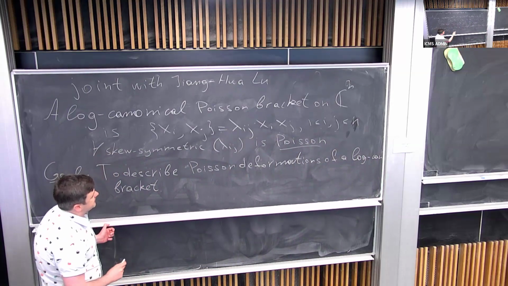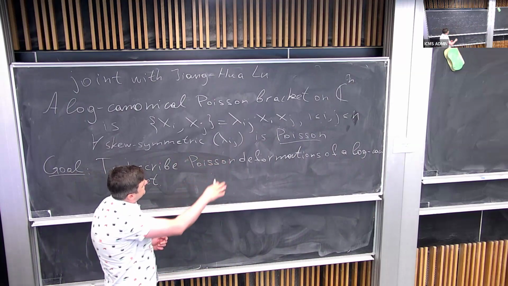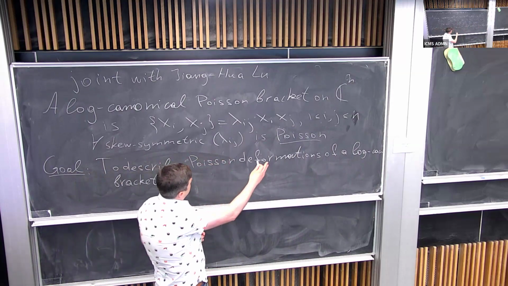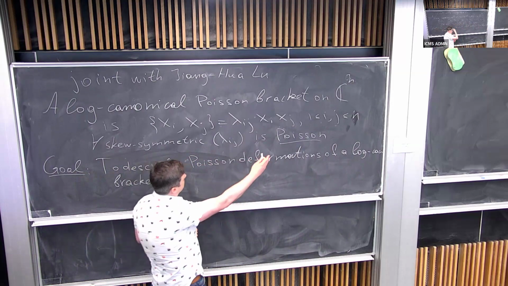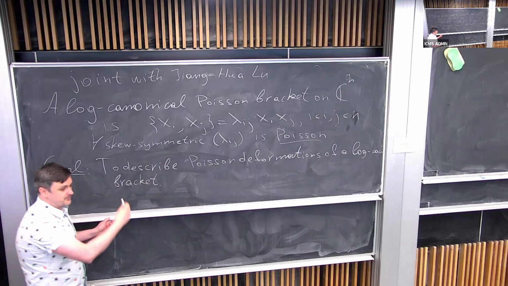Meaning that I want to deform the right-hand side of this bracket slightly. And the question is, how can I do it in such a way that the Jacobi identity is still preserved for the deformed expression?